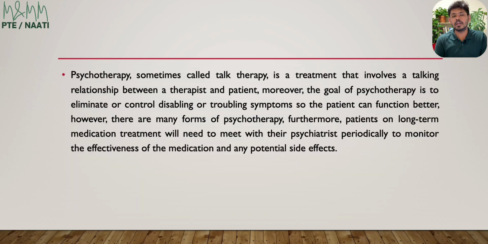After using the connector, however, there are many forms of psychotherapy, and then I have used my last connector, furthermore, and written the last sentence, which is, patients on long-term medication treatment will need to meet with their psychiatrist periodically to monitor the effectiveness of the medication and any potential side effects.